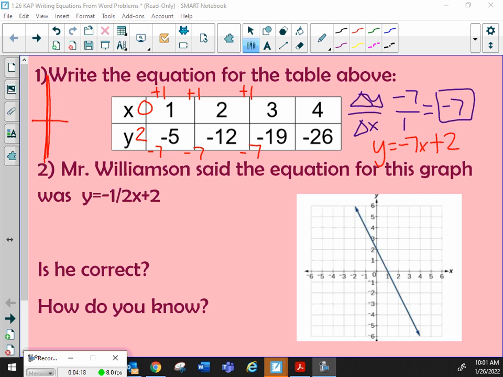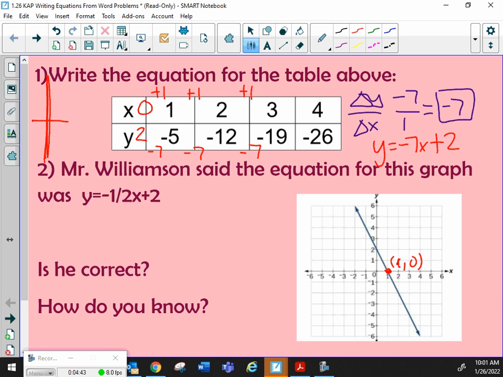He's incorrect. Because if you plug in the point 1, 2 for the dot, 1, 2 is not on this graph. I like what you're saying. So like this point right here, if I plug in that point, that coordinate would be 1, 0.